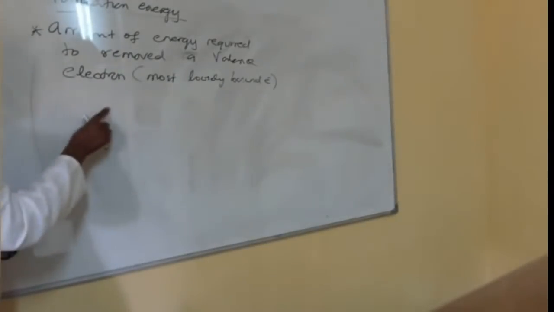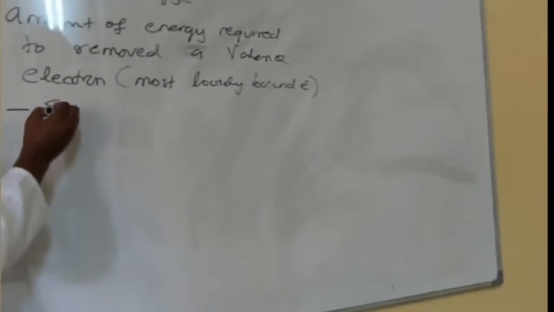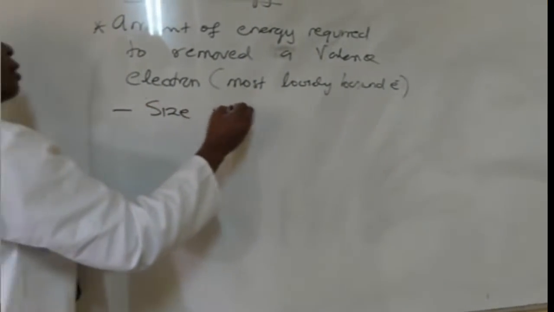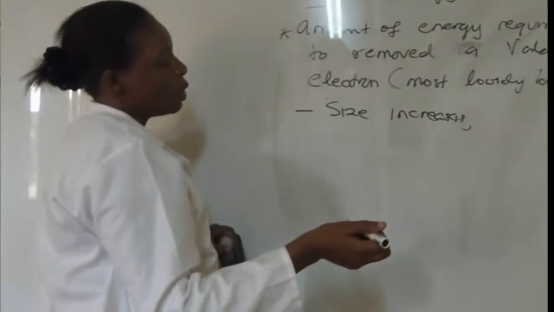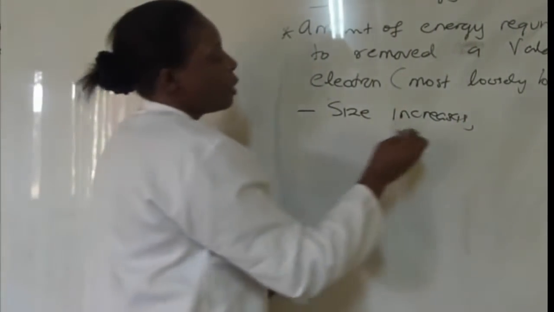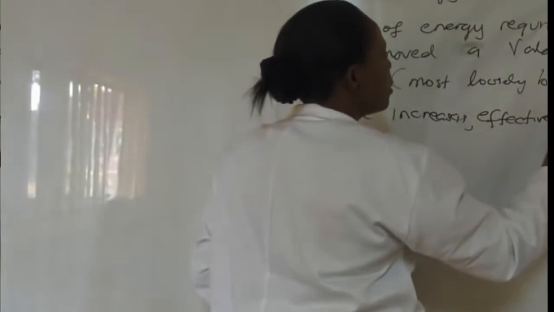As you move from top to bottom, we know that size increases. And if size increases, we also note that effective nuclear charge decreases.